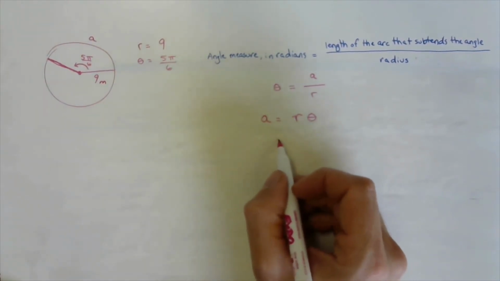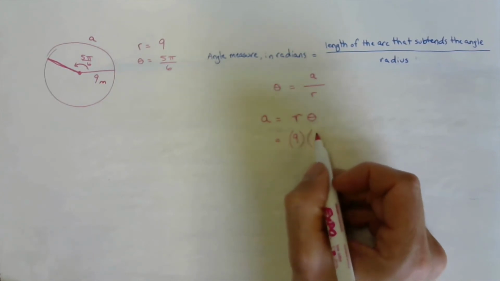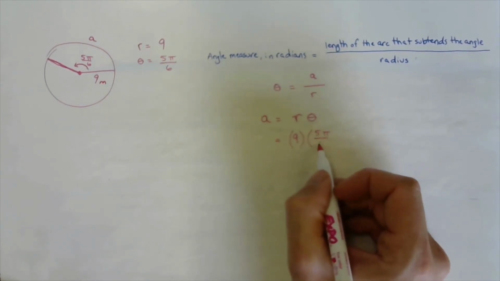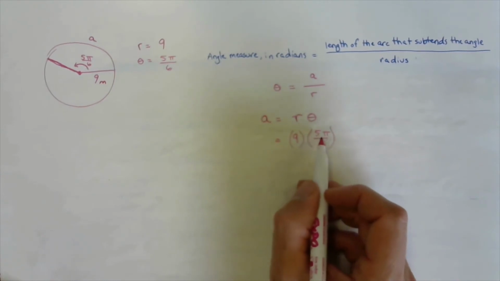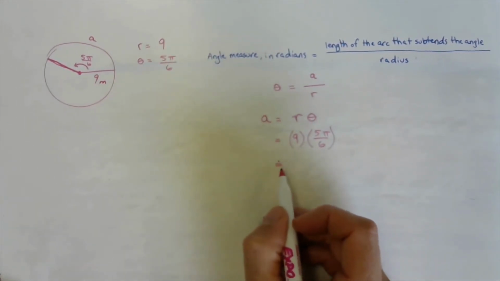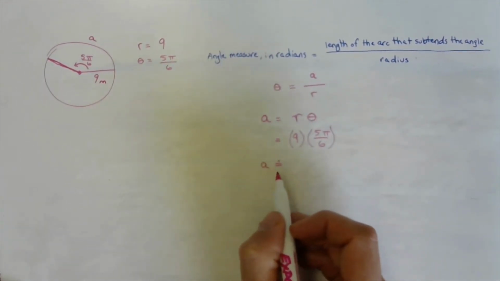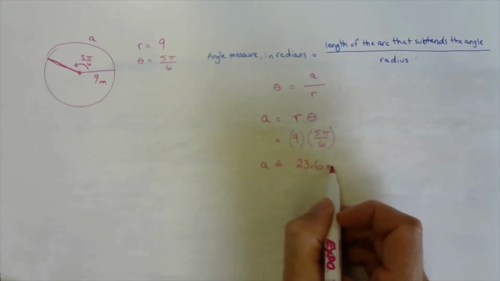Well, we know that R is 9, and we know that theta is 5 pi over 6. So we have 9 times 5 pi divided by 6, which in our calculator gets us an arc length of approximately 23.6 meters.